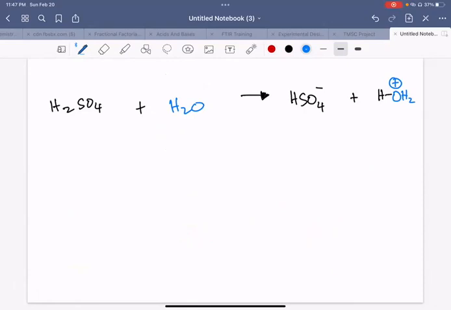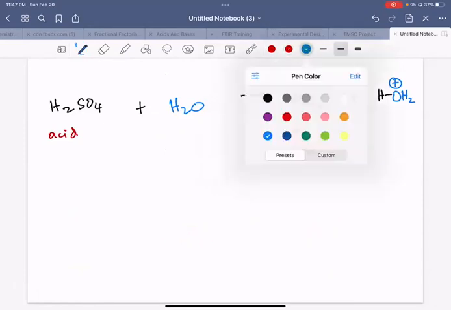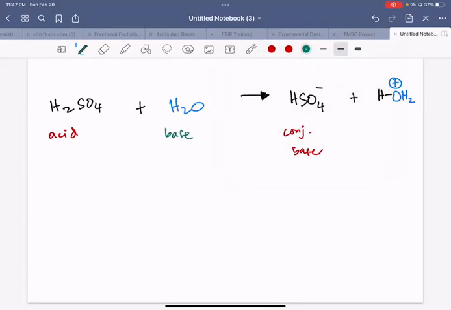If we label this as the acid, and this as the conjugate base, this as the base, and this as the conjugate acid, the solvent will not allow a species stronger than its conjugate acid. Of course, it won't let that happen.